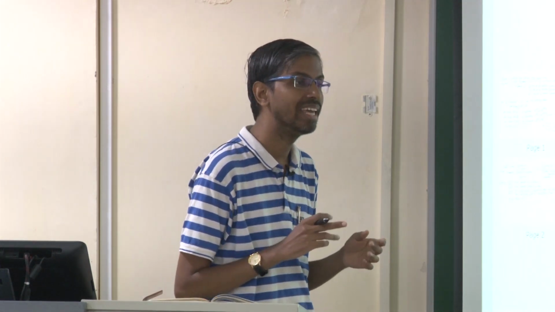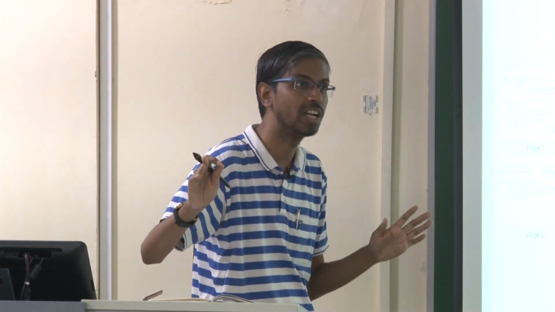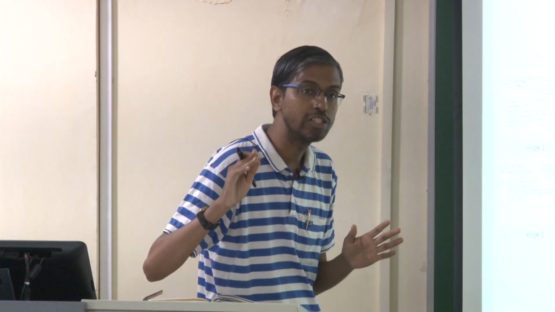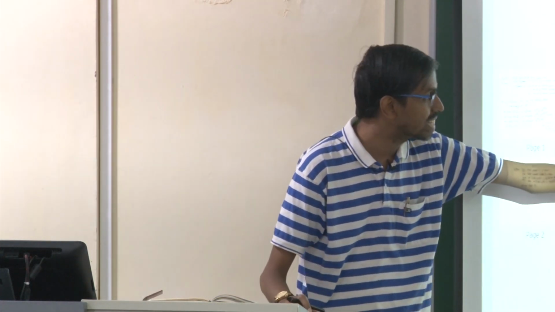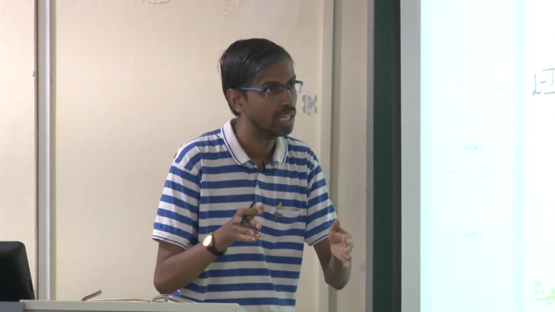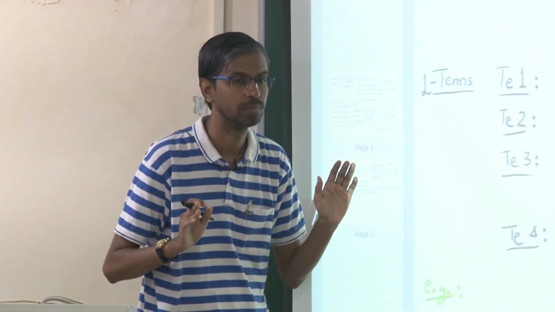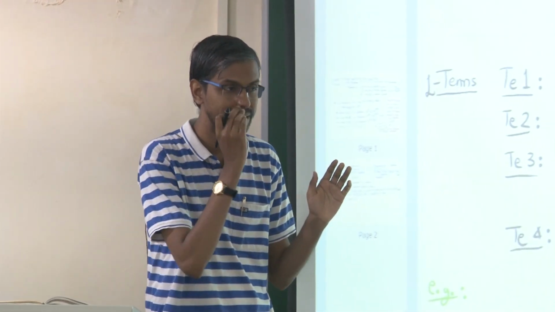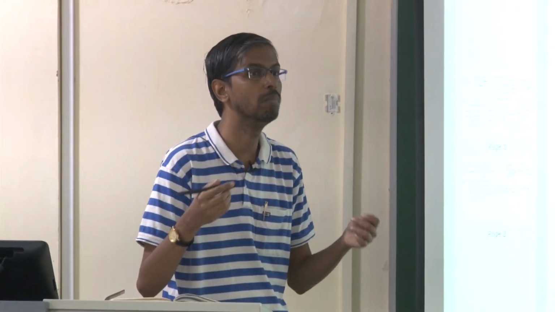Now x bar is x1, x2, xk, some set of variables which may or may not occur, but the set of variables that are present in T1 already appear in x1, x2, xk. So we say that x bar is a suitable context for the term T.